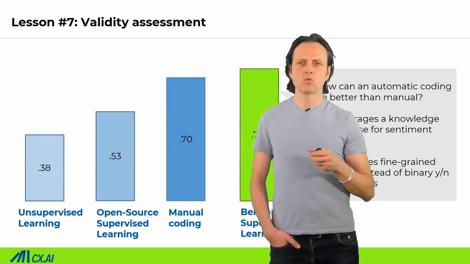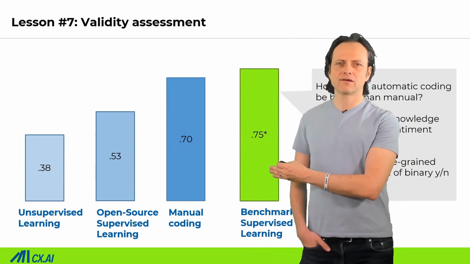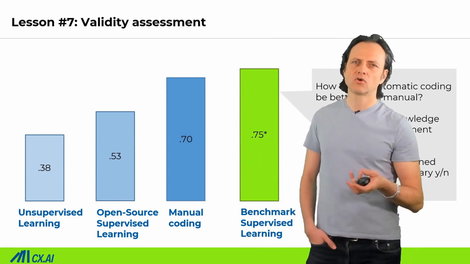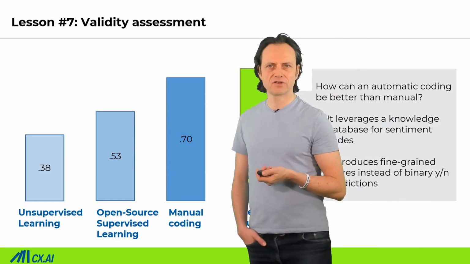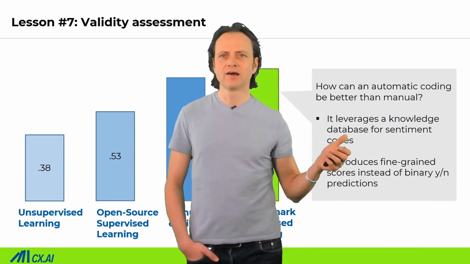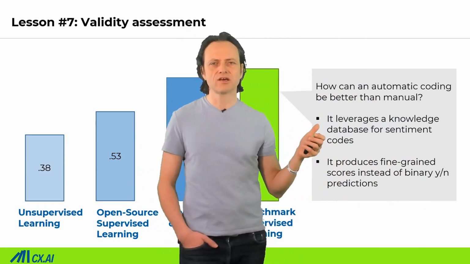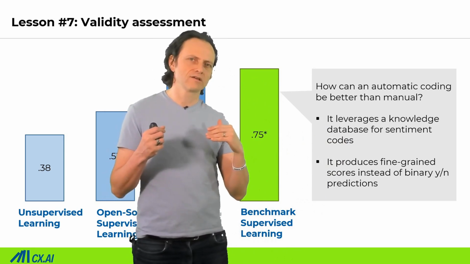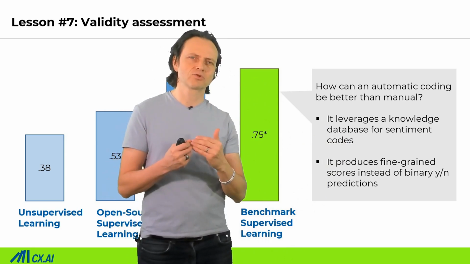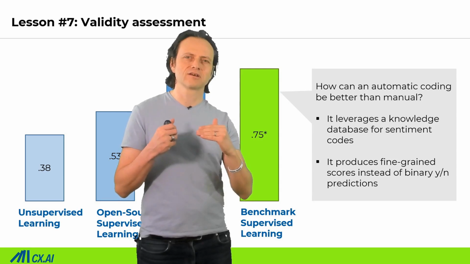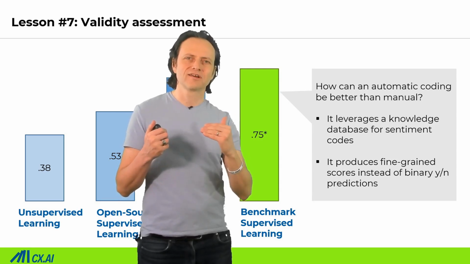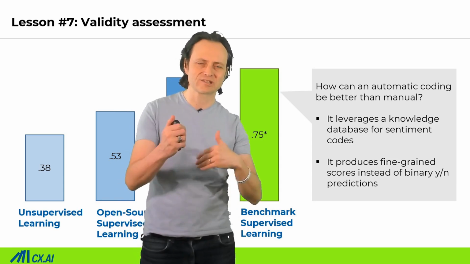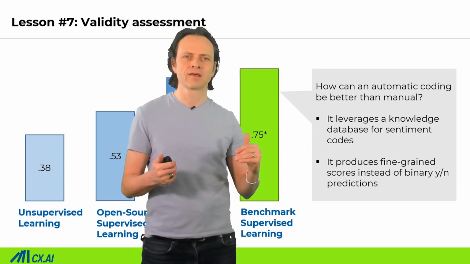And you may ask, why can a machine be better than a human? So it might not always be better than a human, let's put it this way, but there are some advantages. First off, you have seen that the training of the supervised learning is augmented, so the trainer himself becomes better by training because he gets feedback from the machine.